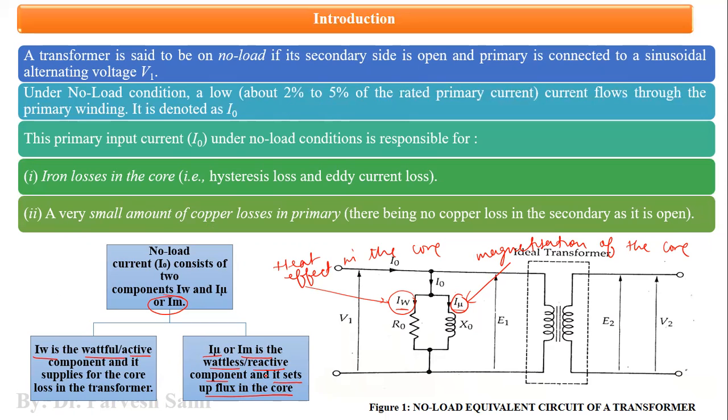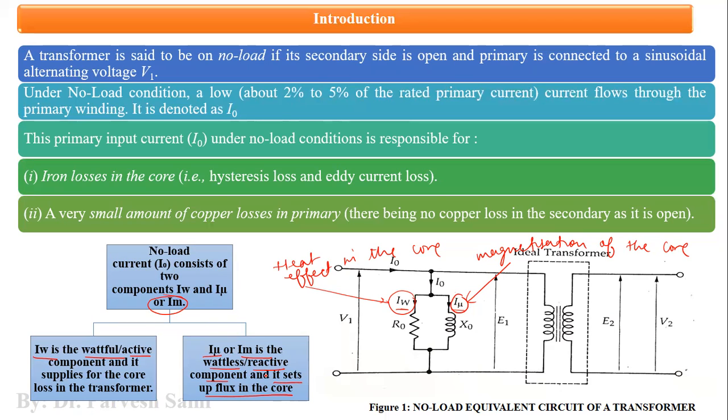The hysteresis are there in the ferromagnetic material, and these eddy currents and hysteresis appear as a heating effect, and that is why the iron core of the transformer gets heated up, and it is symbolically represented by the wattful component of I naught, and it is IW.